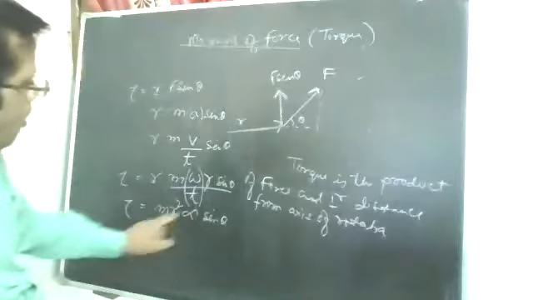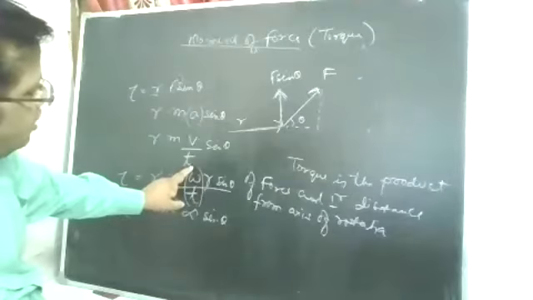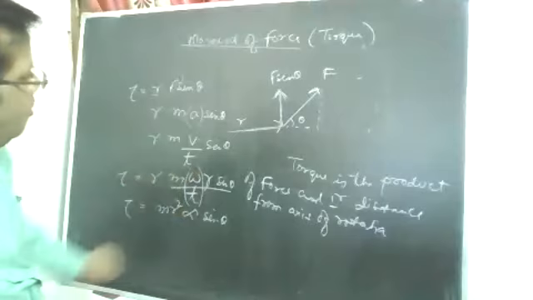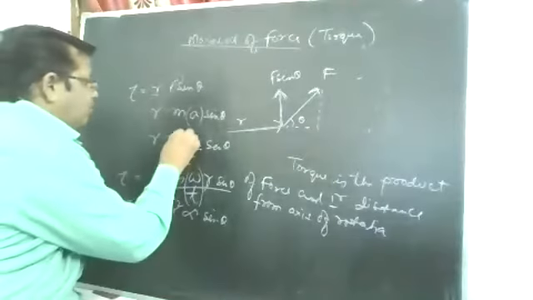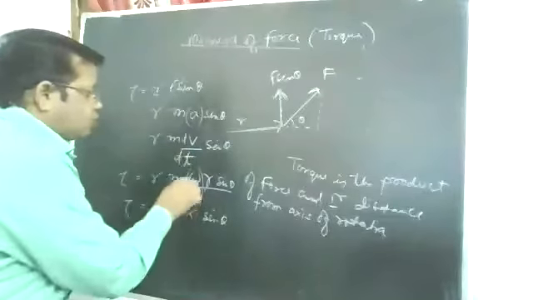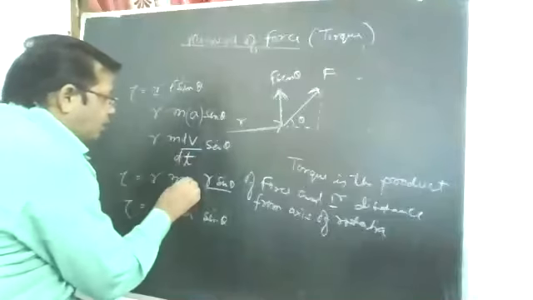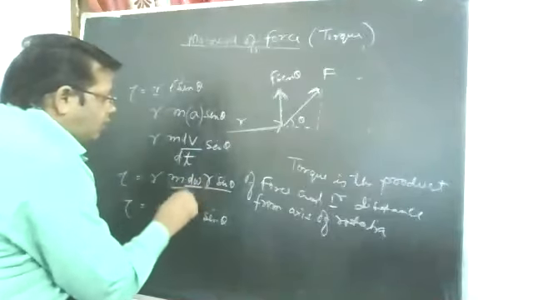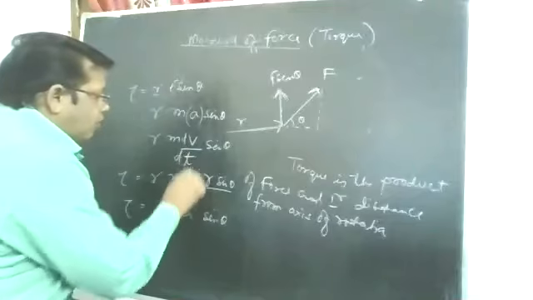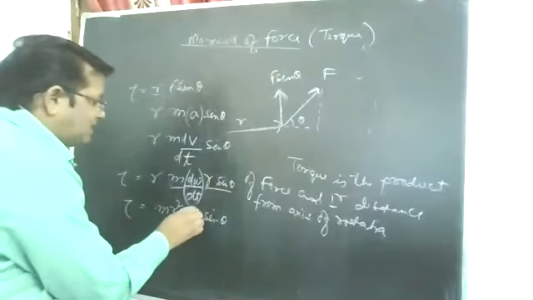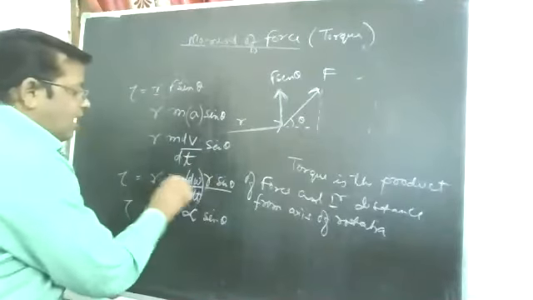Everybody see, we can write a is equal to dv by dt and v is equal to omega r. So we can write d omega upon dt, the rate of change of angular velocity with respect to time, that is angular acceleration alpha, m r square.